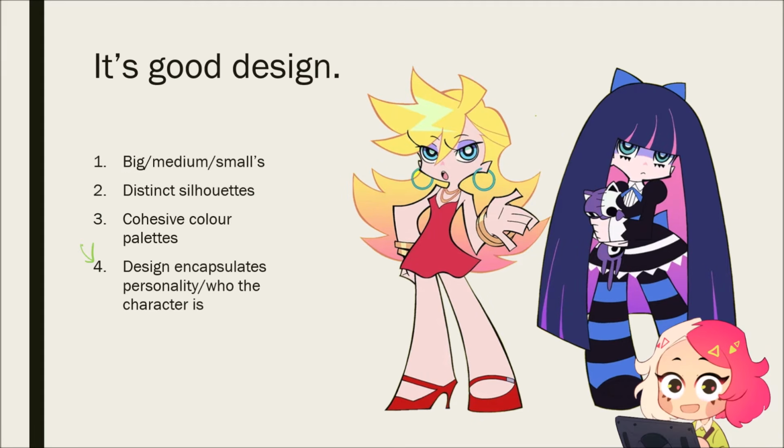Not only are they opposites, as we mentioned a second ago with Kiki and Boba, you can immediately tell, even having never watched the show, that Panty is, let's say, the wild one, right? She has a lot of sharp angles. Her colors are loud.